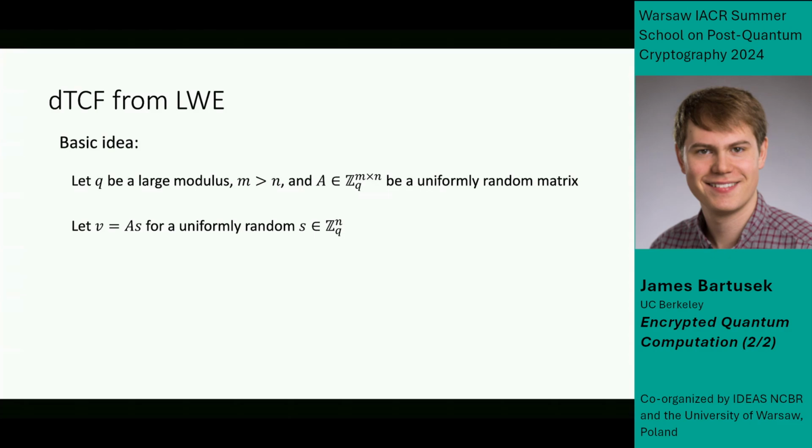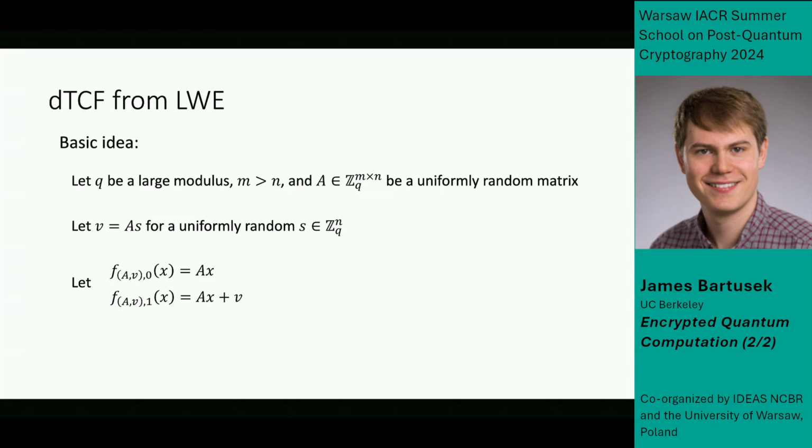I'm going to use A and V to define a candidate dual mode trapdoor claw-free function. So what are my two functions? Remember this DTCF comes along with two functions, right? A 0 function and a 1 function.